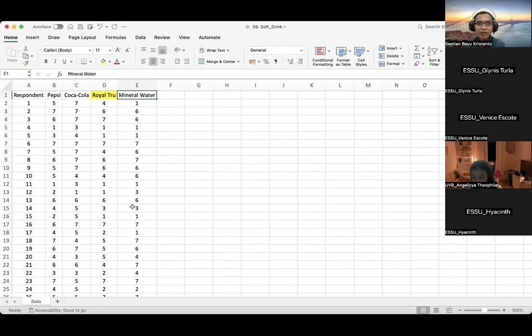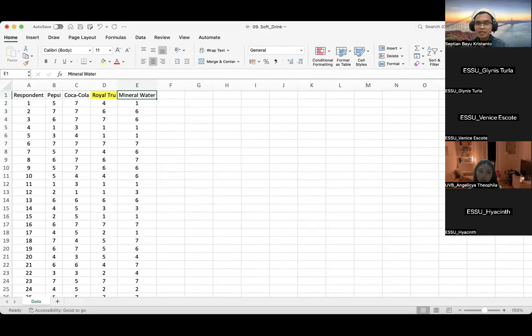So we need to compare, we need to make some optimal solutions. Which soft drink will be in high demand among our respondents? We need to compare among 180 respondents.